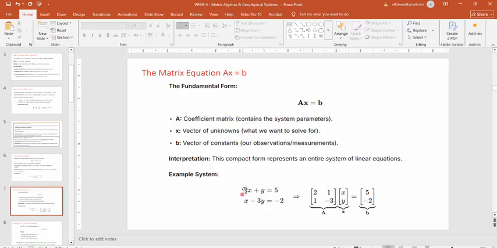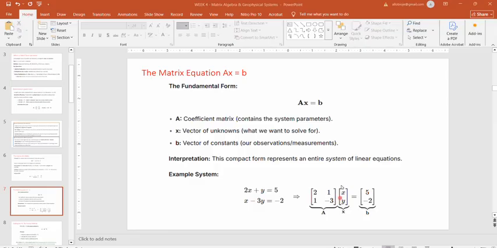So you look at this expression: 2x plus y equals 5, x minus 3y equals 2. Represent this in the form of a matrix, this becomes this. The coefficient of x is 2, the coefficient of y is 1, the same thing applies to the second row, then minus 3.